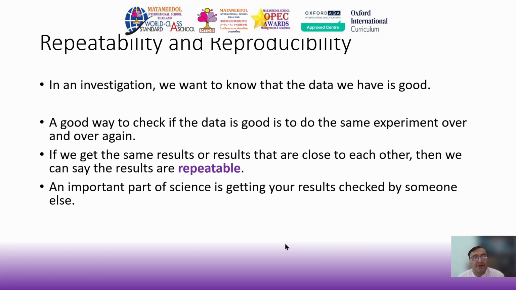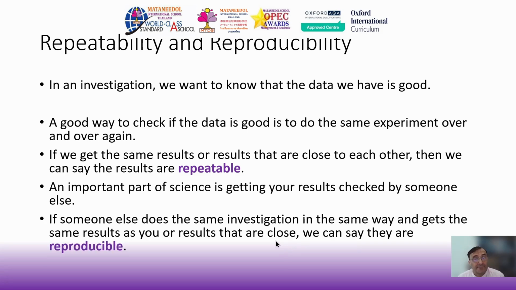No. An important part of science is getting your results checked by someone else, because maybe you are doing something wrong and someone else will find it. So if someone else does the same investigation in the same way and gets the same results, or ones that are close, then we say that they are reproducible. So repeatable is you doing it again yourself. Reproducible is someone else doing it.